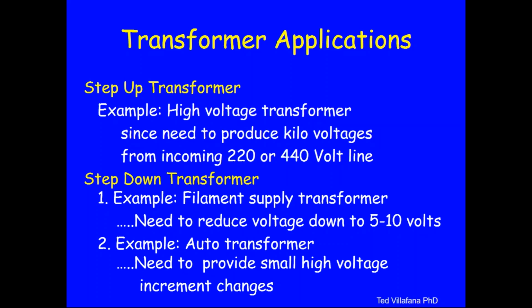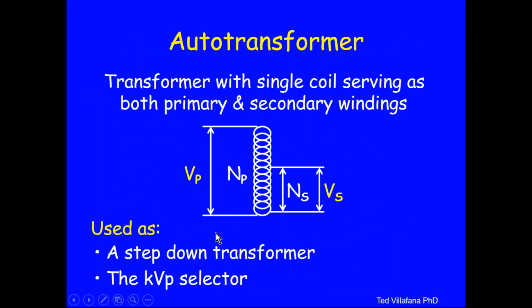We change the voltage in the low part of the circuit, and we do it with an auto transformer. You provide the small increments of high voltage in the low voltage part of the system with a step-down transformer, and they usually use what's called an auto transformer.